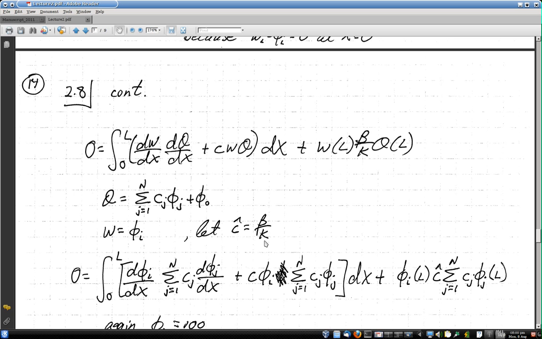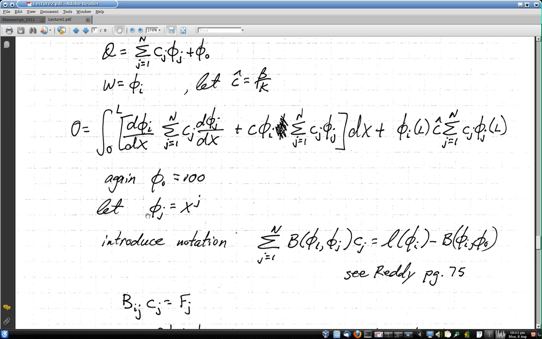So we introduce this notation. If you look in Reddy's book, page 75, he uses a bilinear type formulation. It basically means that you have a matrix of this form, where here is my Bij. It includes the integral and this boundary condition, and then he defines f in terms of this component of the integrand. It only has phi naught, and then this term.